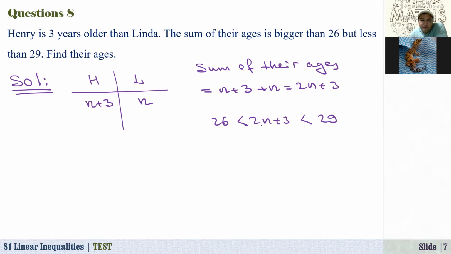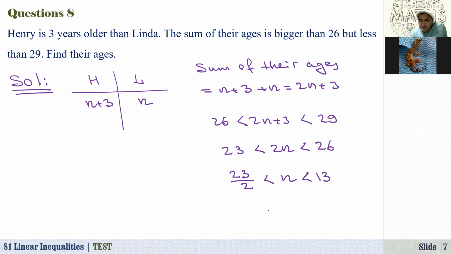So if I subtract 3 from all sides of this inequality, 26 minus 3, that is 23, less than 2n plus 3 minus 3, that is 2n, less than 29 minus 3, that is 26. Now, if you divide all sides by 2, because we're dividing by a positive number, it does not change the direction of the inequality sign. So here we have 23 over 2 less than n less than 26 over 2, that's equal to 13.